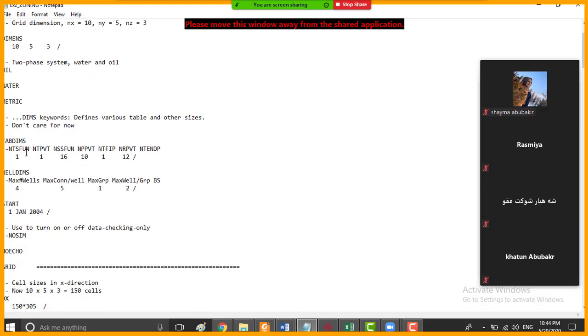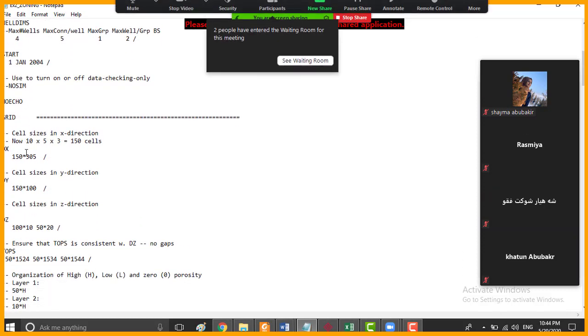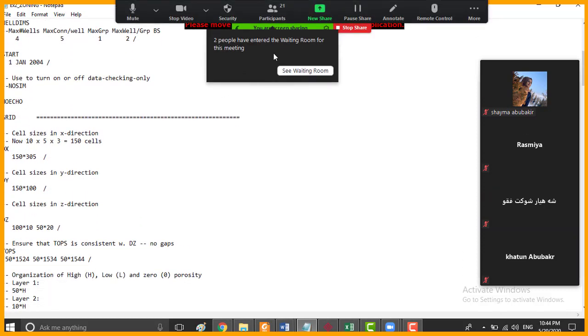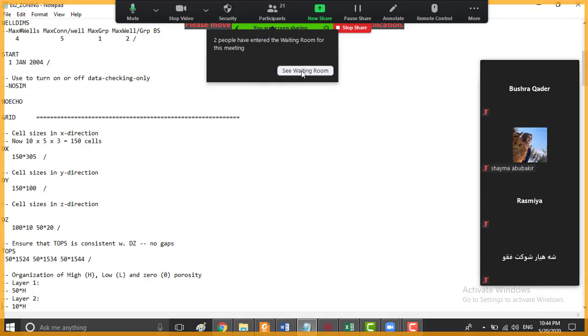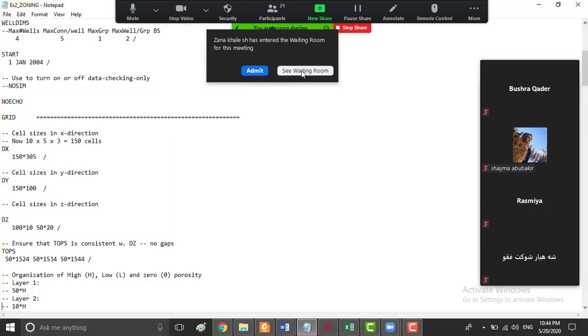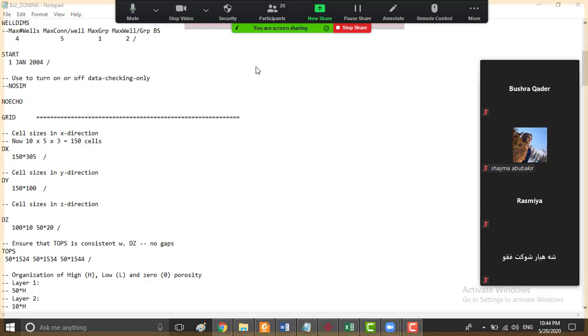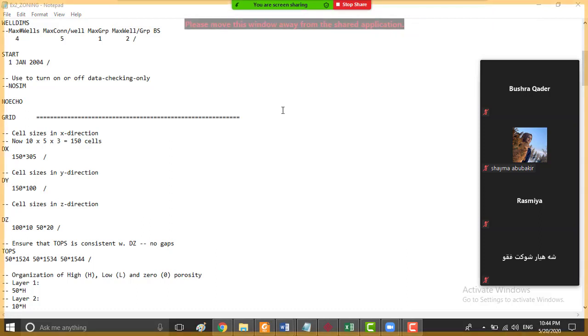Okay, now what are the other changes that we need to make? The length of each cell in various directions also has changed. The length of each cell in the y direction has changed from 305 meters to 100 meters, right?